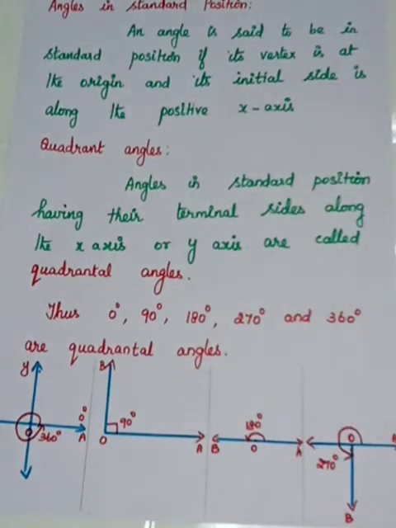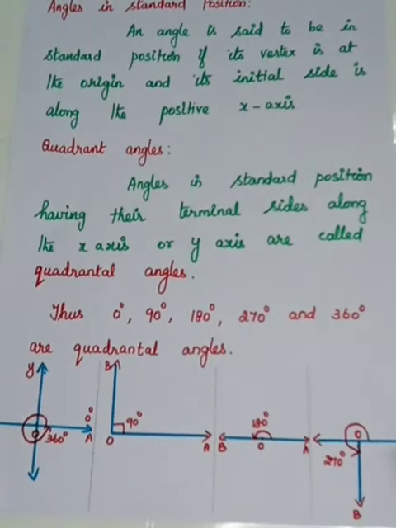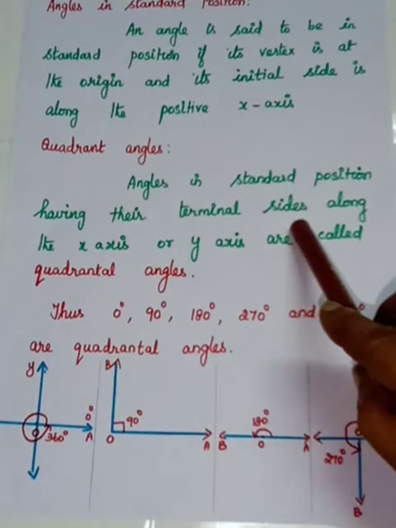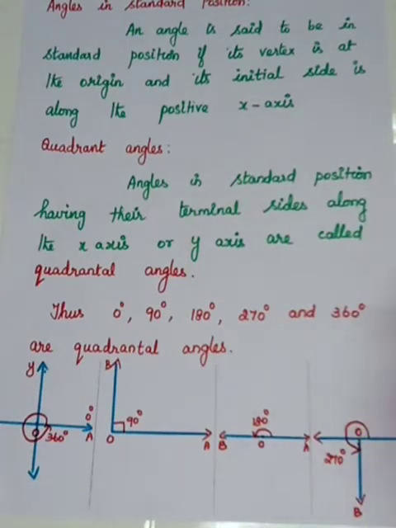Okay, angles in standard position, that means the vertex is at the origin and the initial side is along the positive x-axis. They are having their terminal sides along the x-axis or y-axis, and are called quadrant angles.